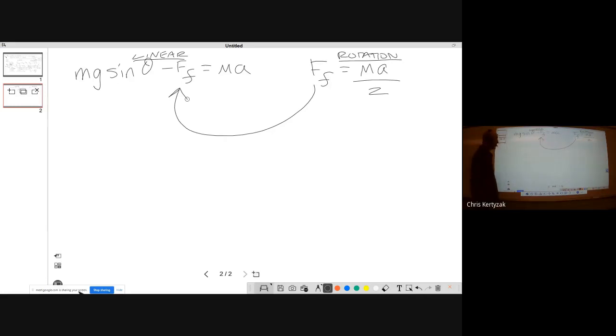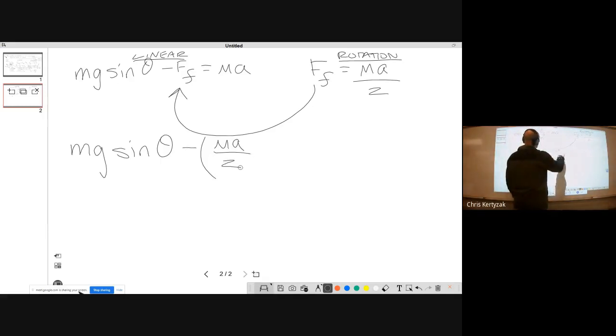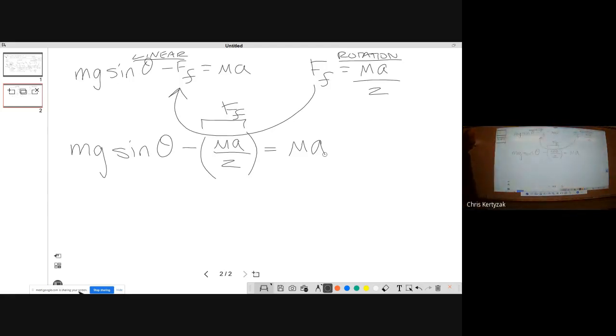Eliminate by substitution, I suppose, is what an algebra book would call that. mg sine theta minus ma over 2. This is the friction force, and I'm just sticking it in, equals ma. And now my goal would be to solve for a.